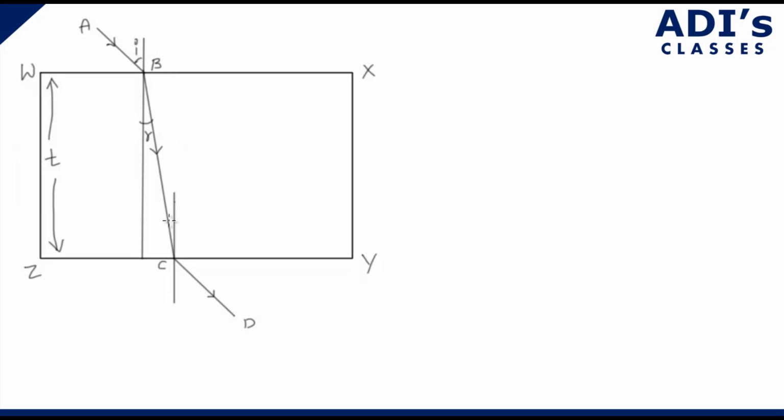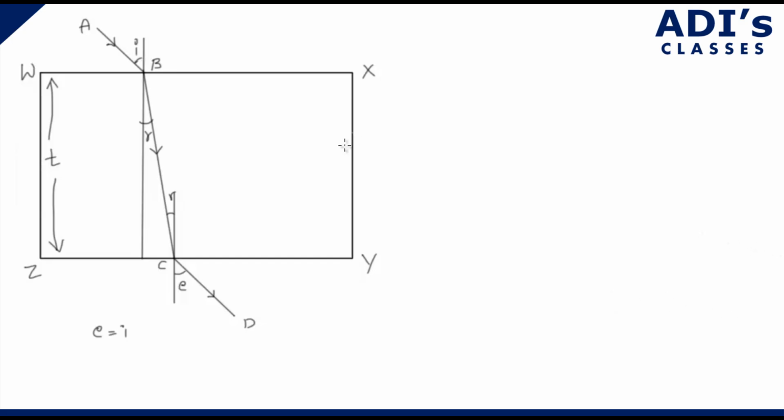This is R. If this is R, even this will also be R, because these two are alternate angles, correct? Then this will be E. Now E is equal to I, that is, the angle of emergence and the angle of incidence are one and the same. Now what exactly is lateral shift?